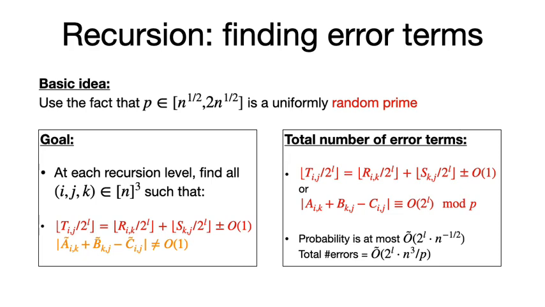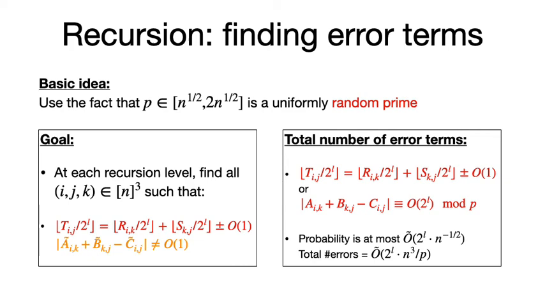Now, let's consider a general recursion level, L. By definition of variables t, r, and s, which are the remainders of a, b, c, it is equivalent to a plus b minus c is at most of order 2 to the L under mod p.